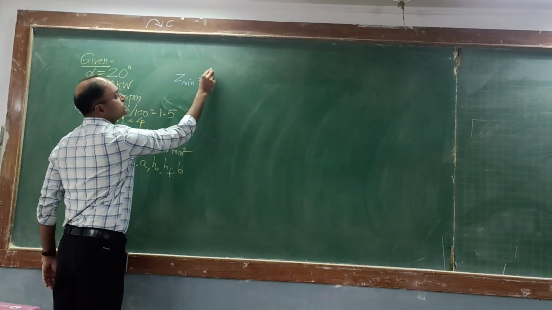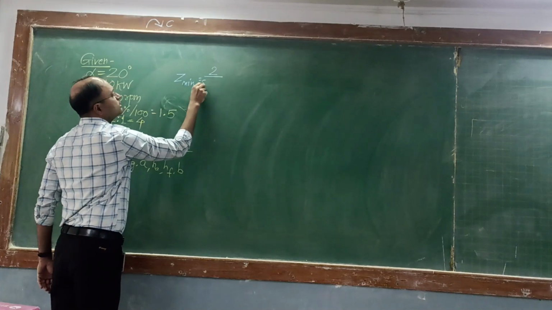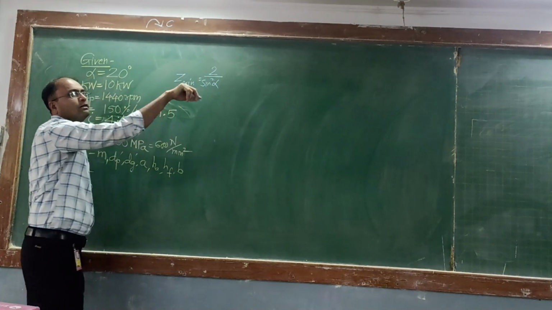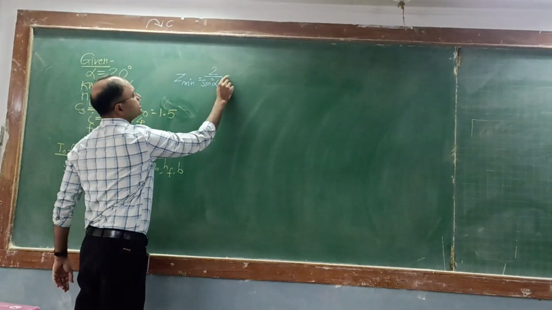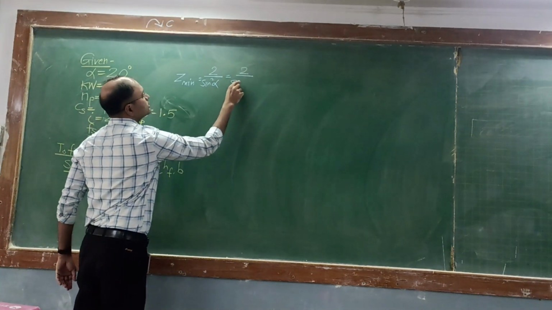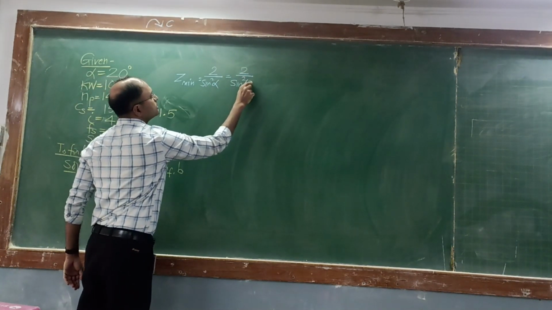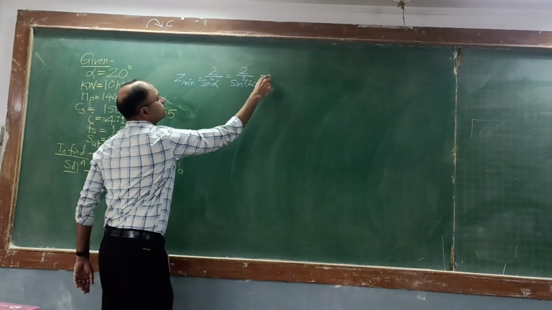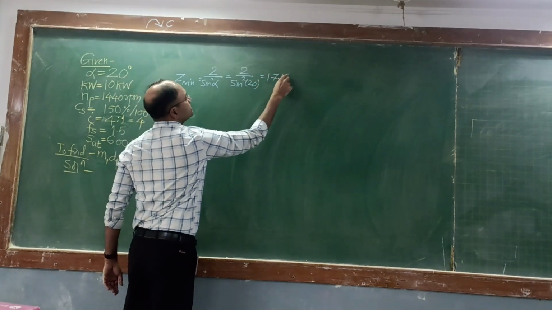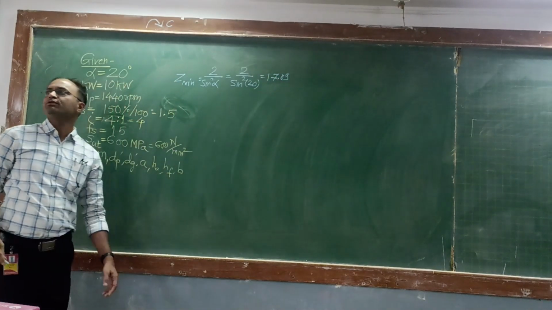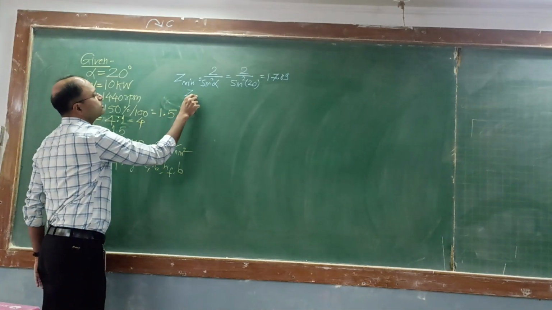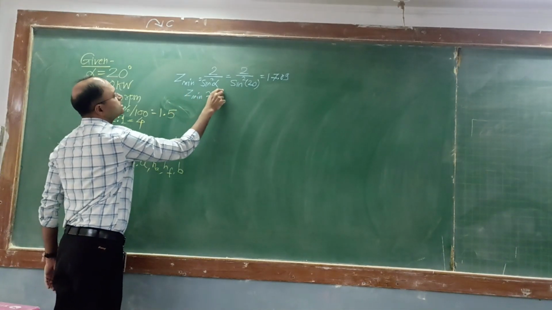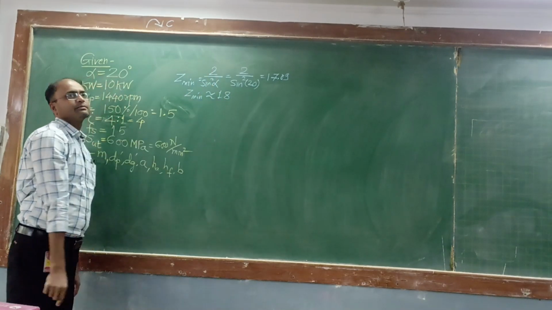Z is equal to 2 upon sine square alpha. Here alpha is 20 degree. So 2 upon sine square of 20, and this figure is 17.09. You had calculated that. Take out calculators. It means that minimum number of teeth we can take as 18.